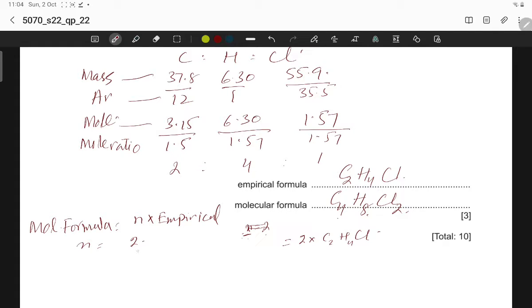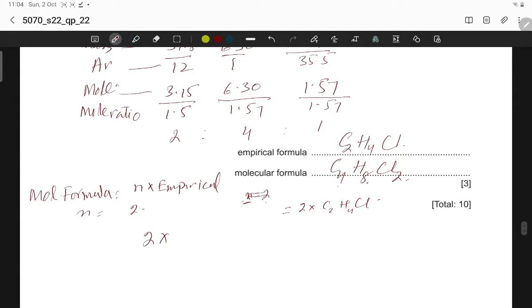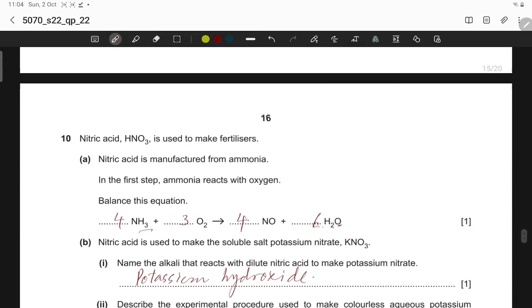Suppose that n is 2, because several products are formed and the examiner has not given the MR of the compound, so just predict from the smaller value, 2 into C2H4Cl. So in this way you can deduce the molecular formula.